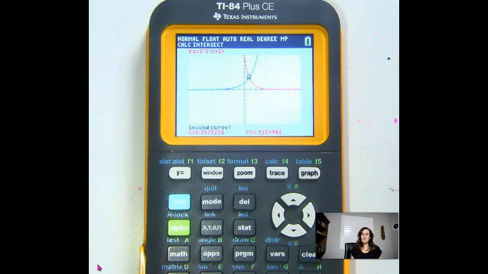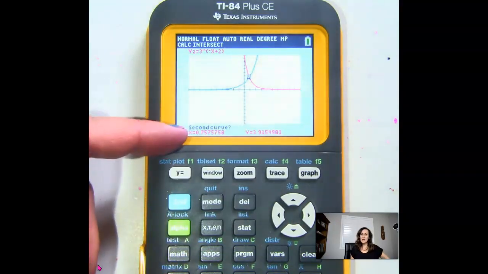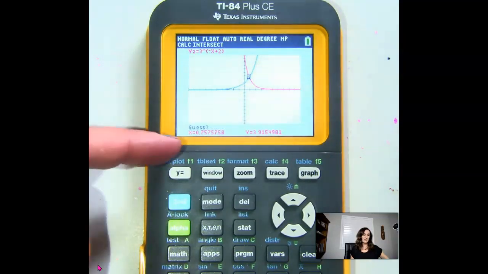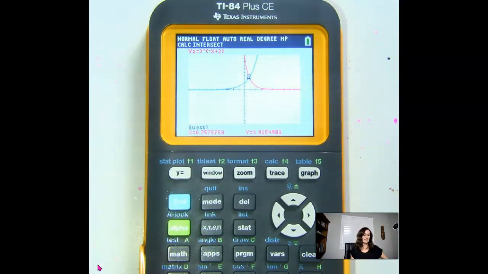Otherwise, you can just hit enter for the first curve. Your calculator talks to you right here. Enter for the second curve, and then the calculator says, hey, is that your guess? Yes, it is. Enter. And then it will say, all right, well, the intersection is at x equals 0.839. So the answer for that one is 0.839.